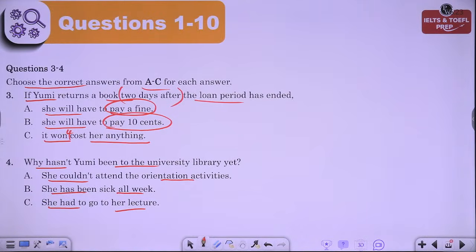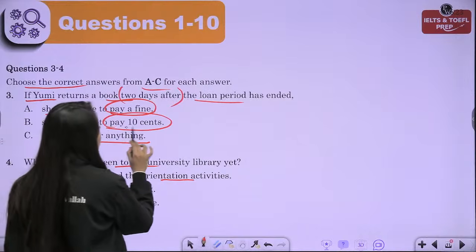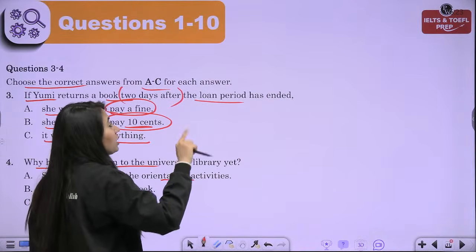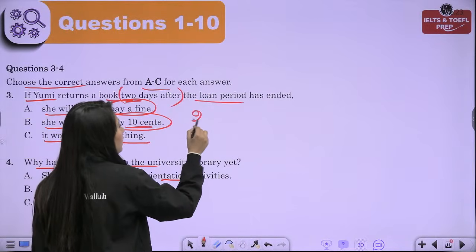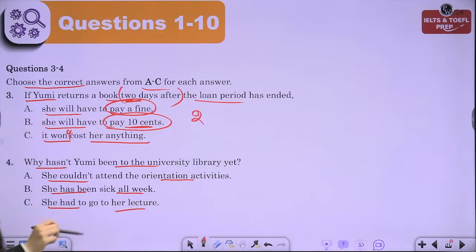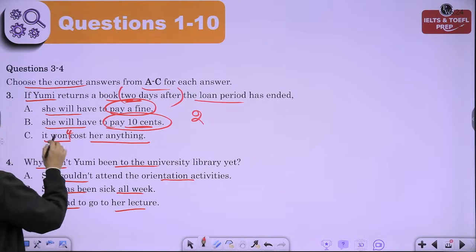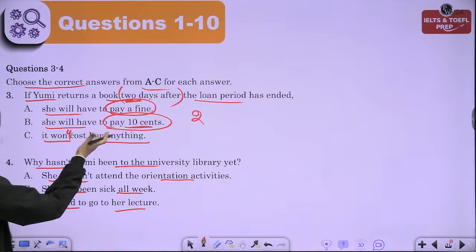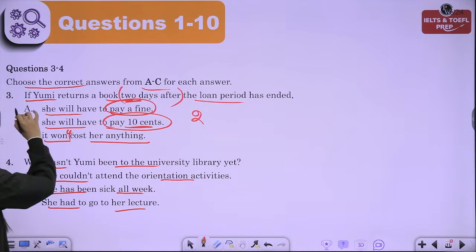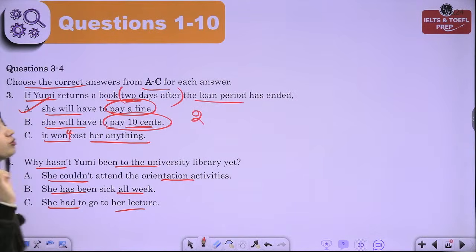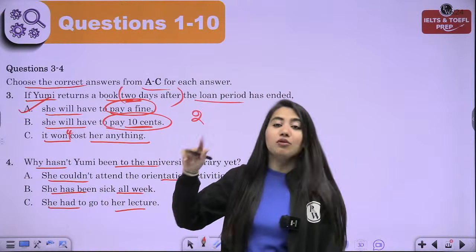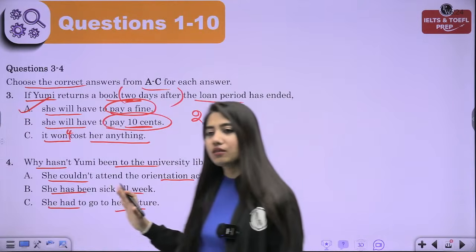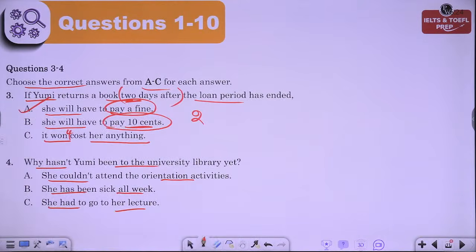Okay, if you say B, B was for after the 1 day period, but here it is 2 days, so how much should it be for 2 days? Tell me. According to the options only, you have to suggest. So don't you think the 20 cents for 2 days is not even mentioned here? That's why your correct answer will be A. She will have to pay a fine. This B that you marked was for 1 day, she said. Okay? So A is going to be the right answer.